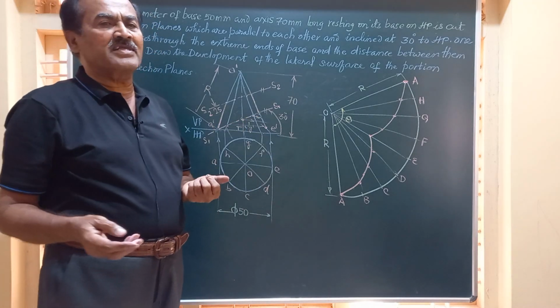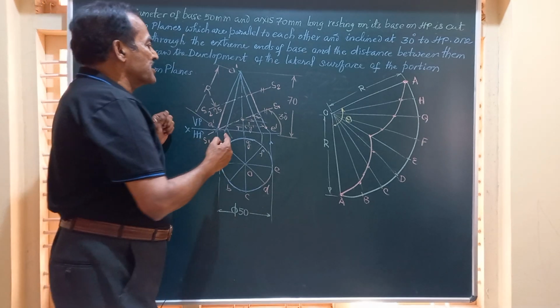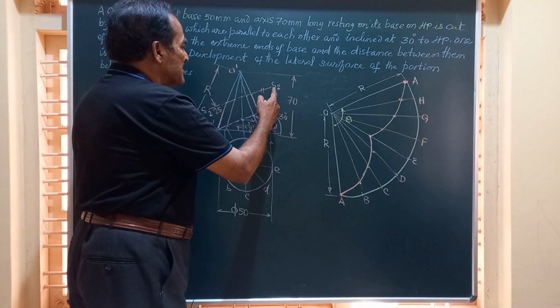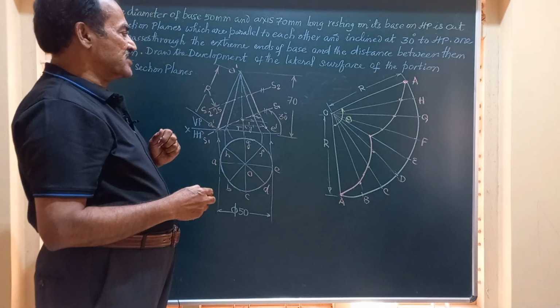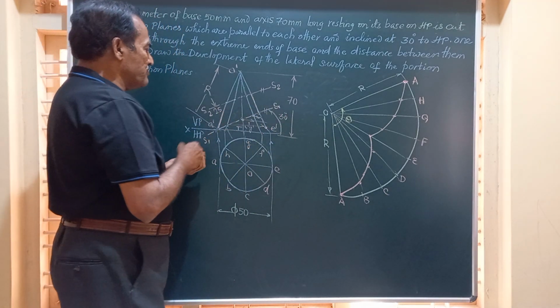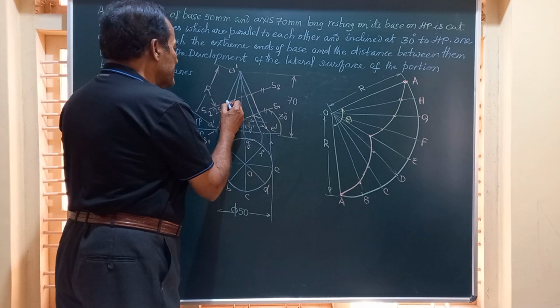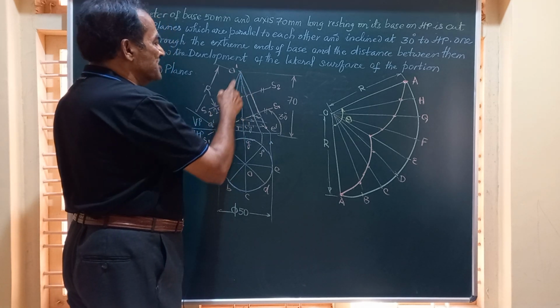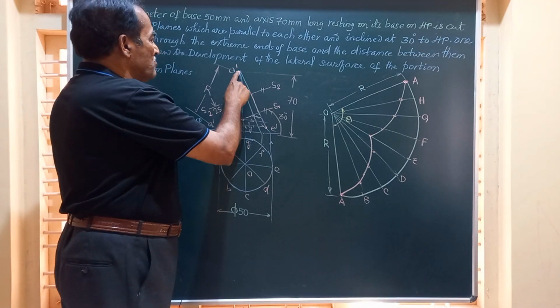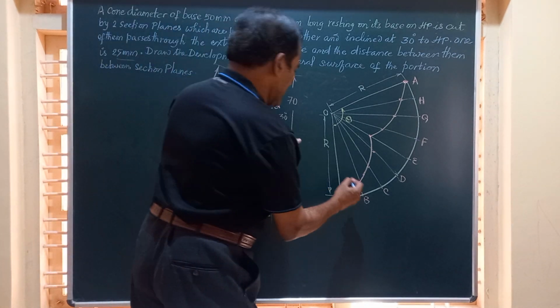Friends, similarly, you follow the procedure to obtain the points on this sector where section plane 2 is cutting. So let me start from this point. This point is on OA. OA is the true length of the generator. So mark that on OA.